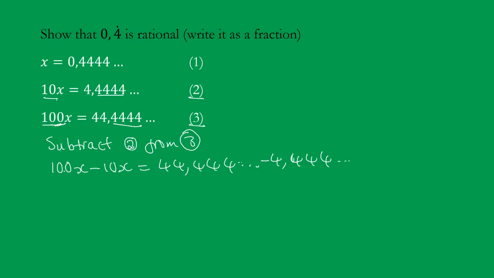Then 100x minus 10x is 90x. And then 44 minus 4, because the decimals are going to cancel each other out when you subtract. So we're getting 40. And then we say divide by 90 on both sides of the equation. We get that x is equal to 4 over 9. 40 over 90 reduces to 4 over 9.